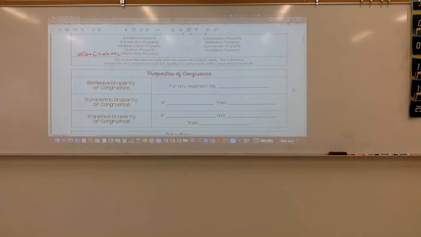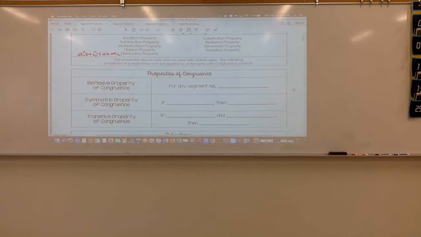And we also talked about reflexive, that's where something is equal to itself. Symmetric, we can flip things across the equal sign.